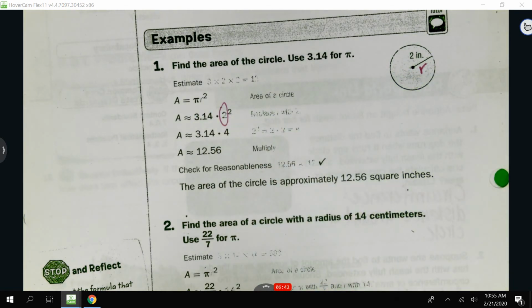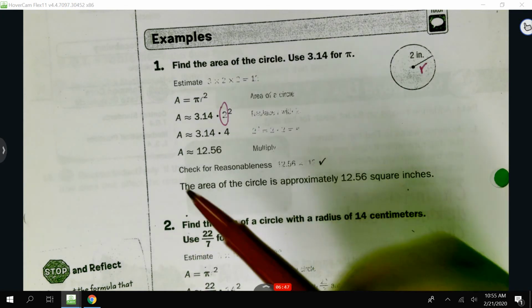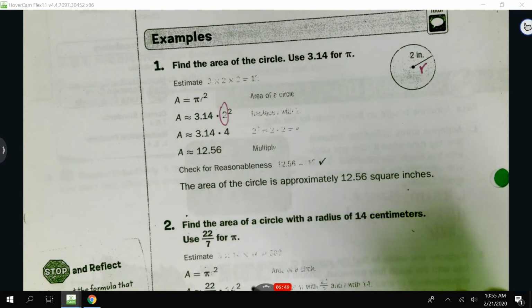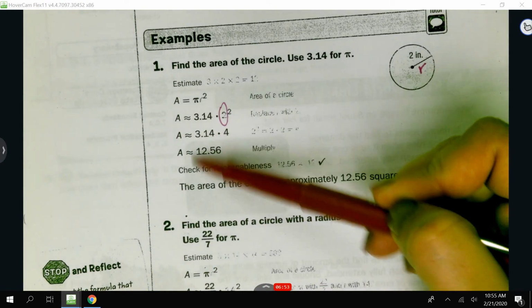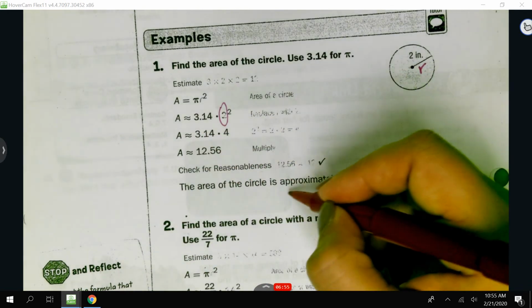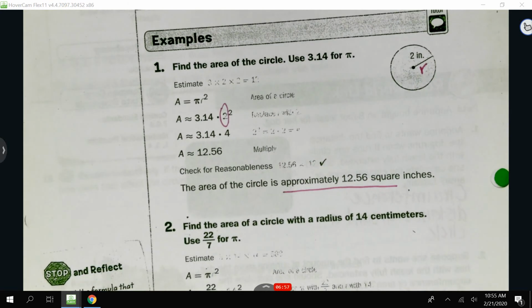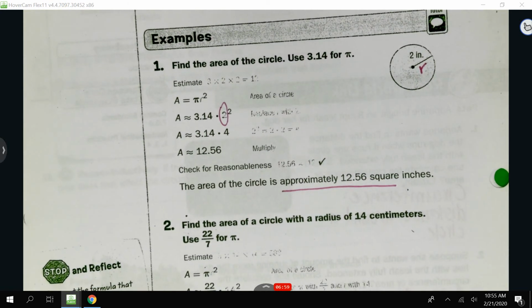But you can probably do all of this in your calculator, and it'll do it for you. Because we're still working with pi here, pi is an estimated, rounded number, so our area is still going to be just approximately 12.56 square inches. So you're still using that squiggly equal sign. Okay.